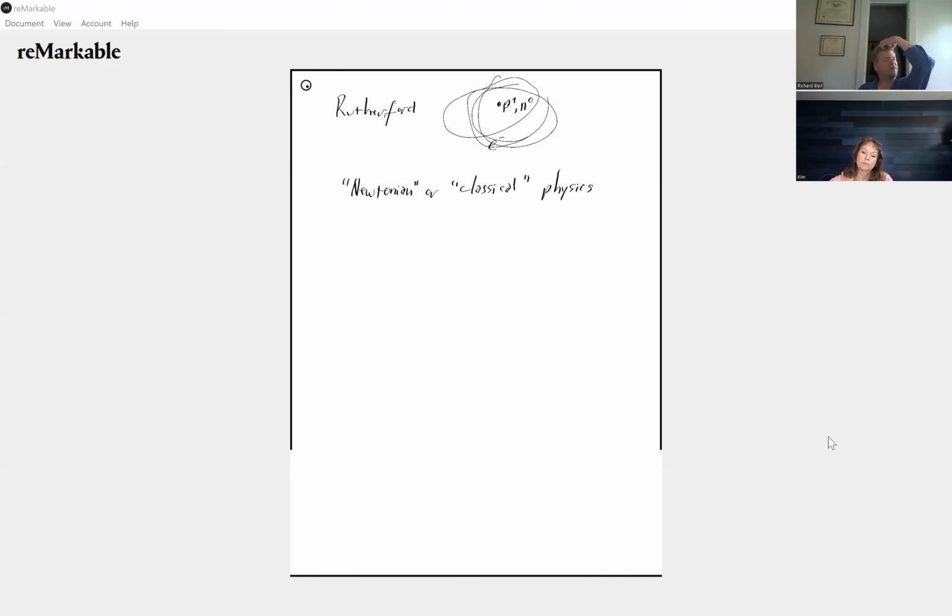Now, Newtonian physics assumes, and we're going to go into more details probably on Thursday, but it assumes that we know everything we want to know about a system. Newtonian physics assumes that we can measure position, which we'll denote as an x, and velocity.